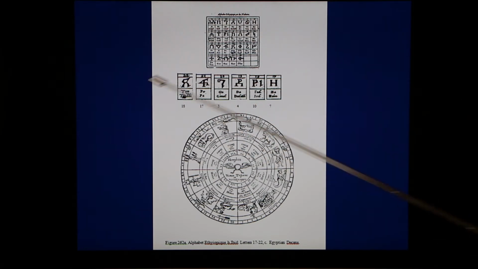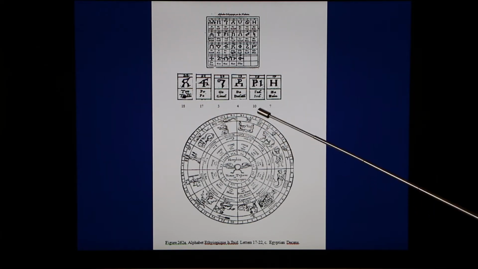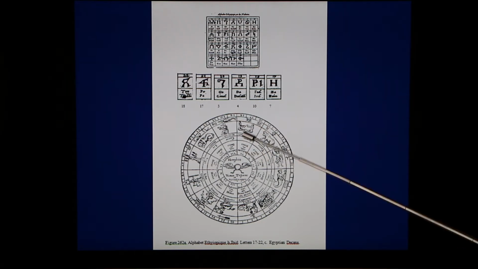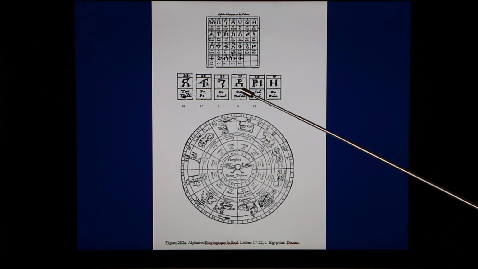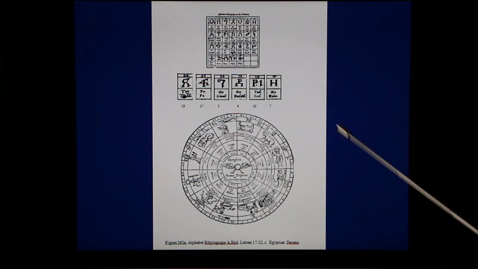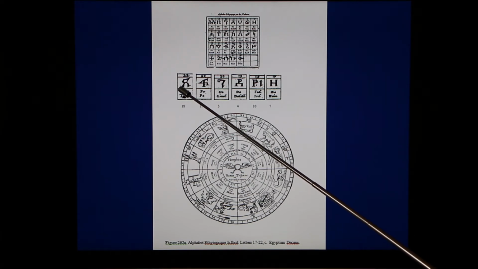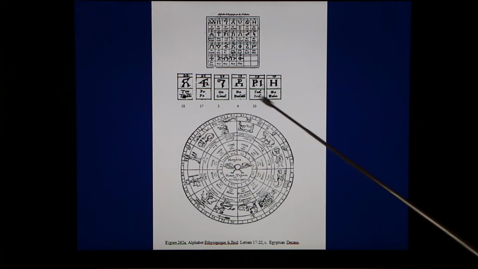Here you see them now in numerical order. So this would be za, this would be yod, yes, this would be da, and this would be ga, and this would be pa and tsa, yes? So we are now aligning the decans 17 to 22, to 21, 20, yes, with the letters.